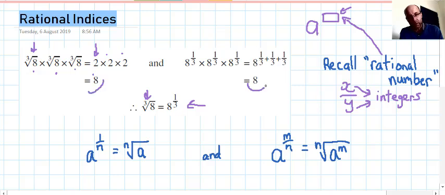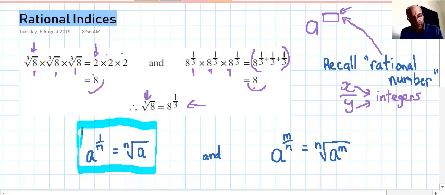We can get 8 as well by cubing something else. If you like, you can use index law number 1. But either way, you cube 8 to the power 1/3, you get 8. You cube the cube root of 8 and you get 8. Therefore, the cube root of 8 equals 8 to the power 1/3. So that demonstrates the result of the first index law for rational indices.